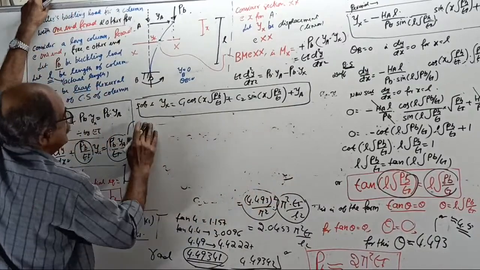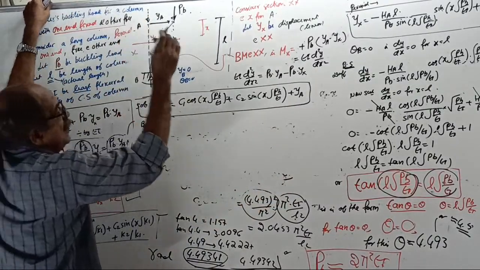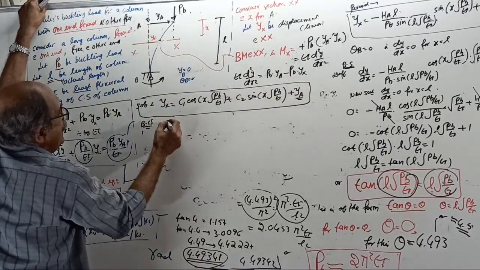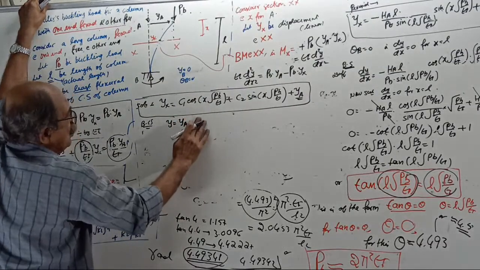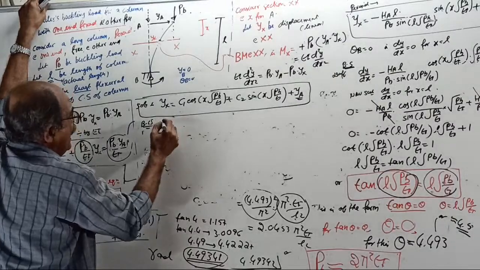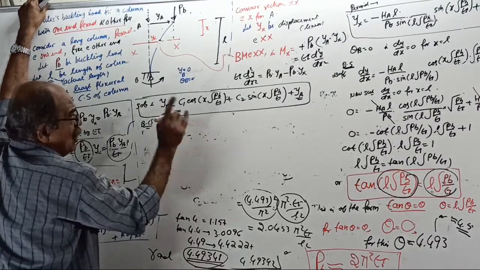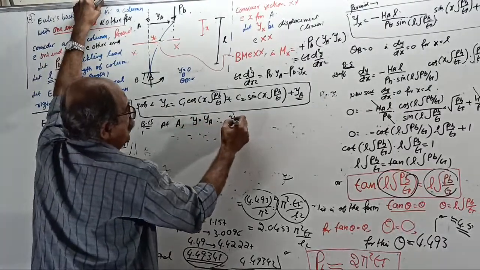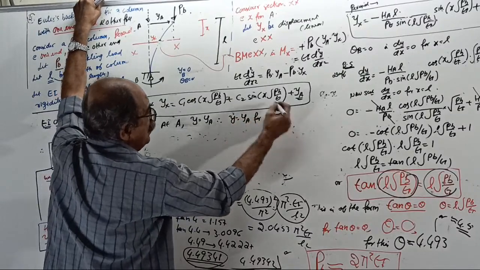Okay, now start boundary conditions. Remember, I want to eliminate this YA. How to eliminate here? At A, Y is not 0, Y equal to YA. Therefore, your Y becomes YA for X equal to 0.